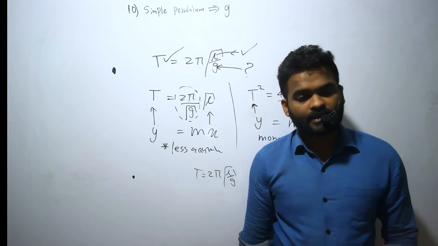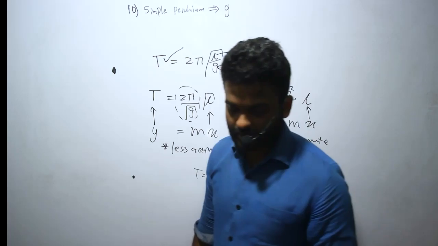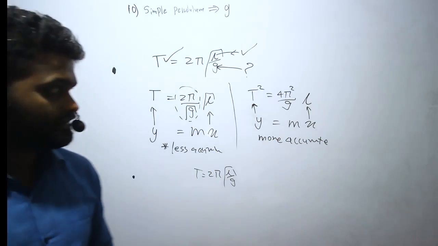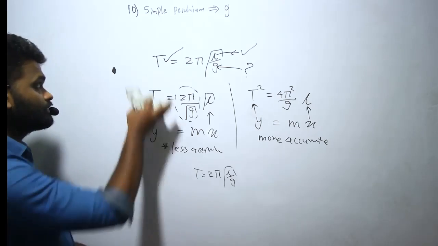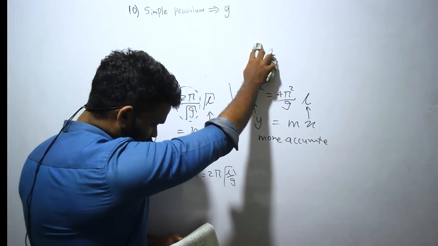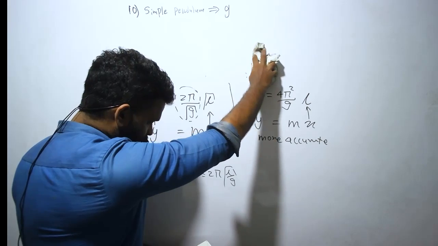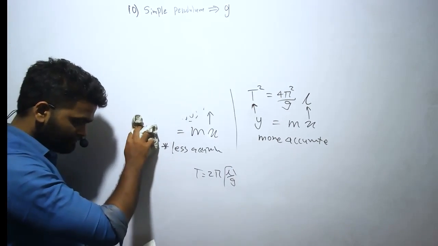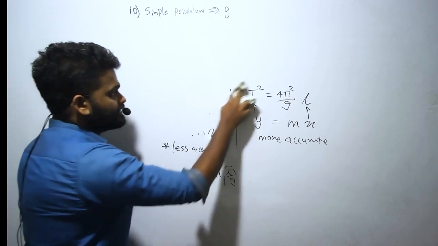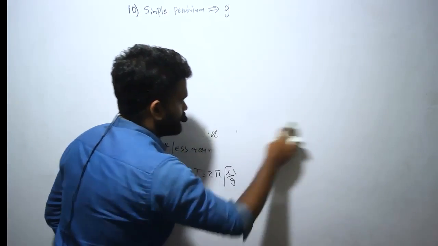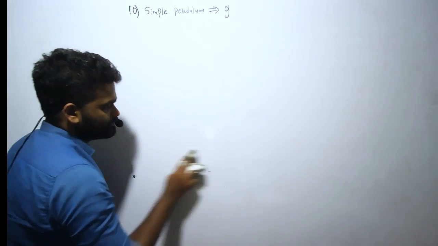But using a graphical method minimizes the effect of random error.